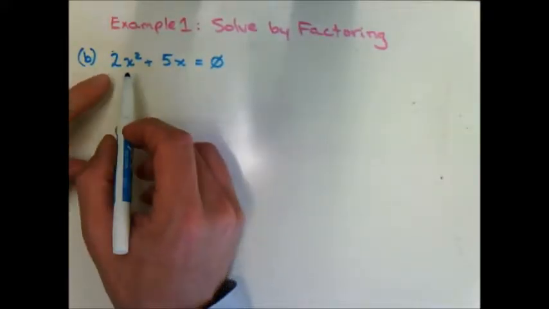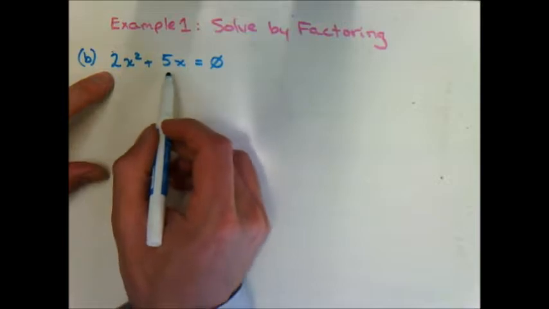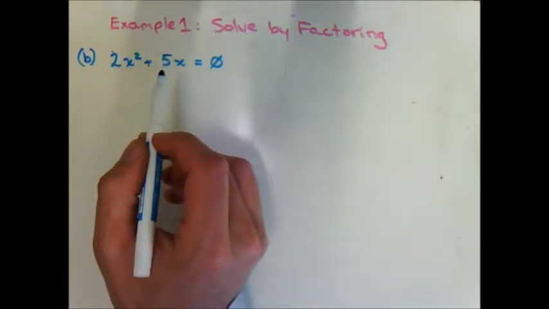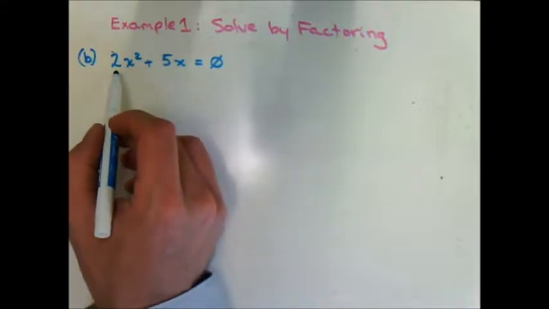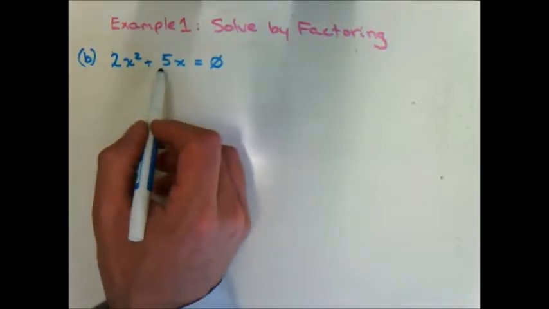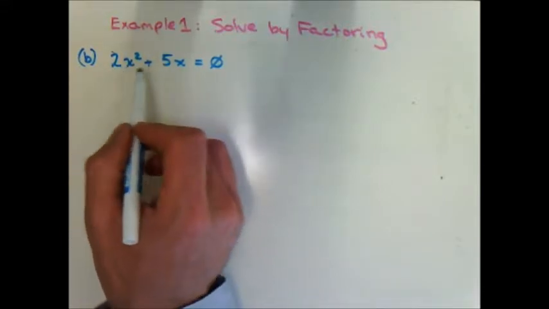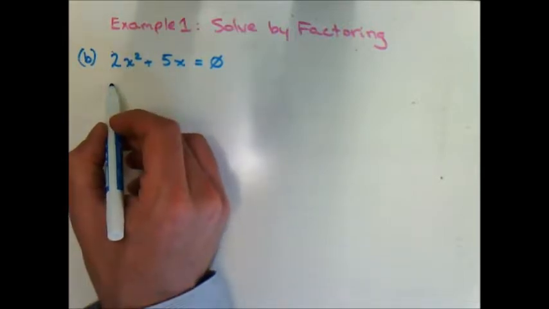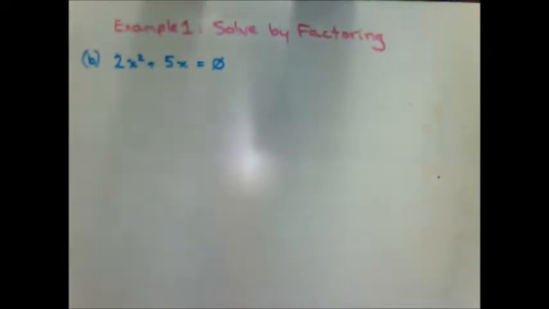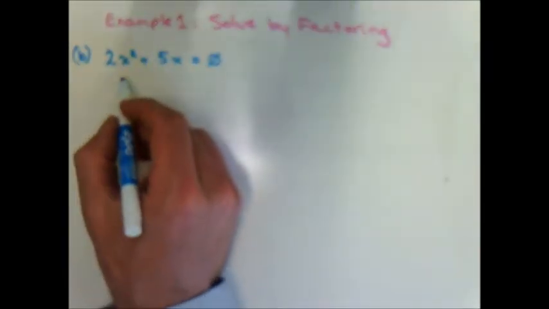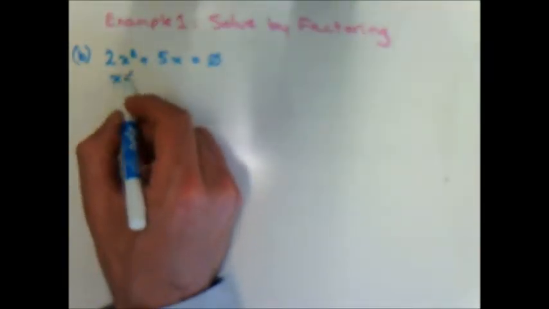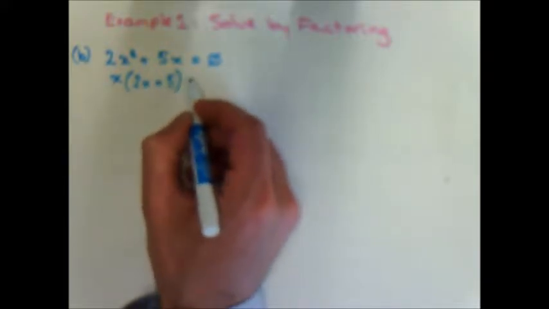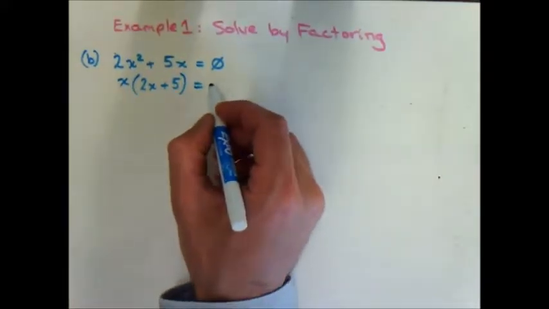So what is the common factor between 2x squared and 5x? I can't pull out the same number from the numerical side of the term, but I can pull out something from the variable, and I can pull out an x. So right off the bat, I can pull out an x. Sorry, it's going to be small this round. Leaving me with 2x here plus 5 here, which equals 0.